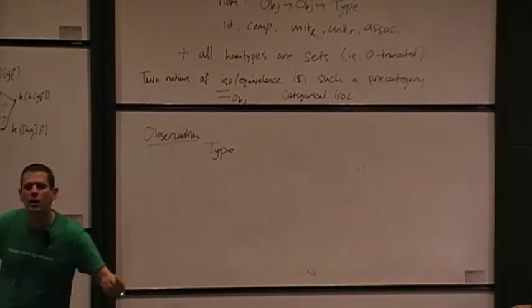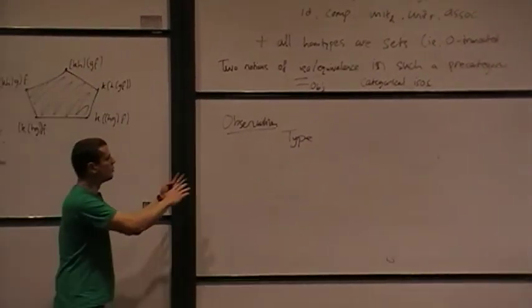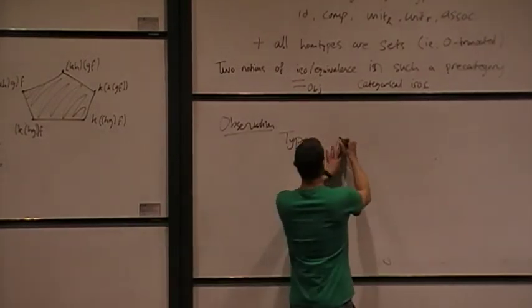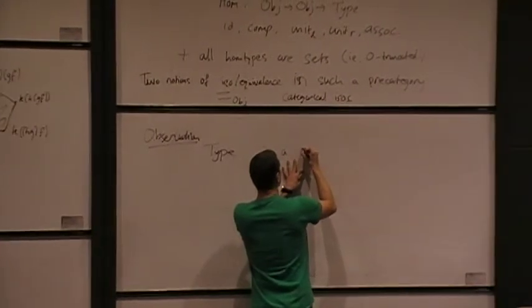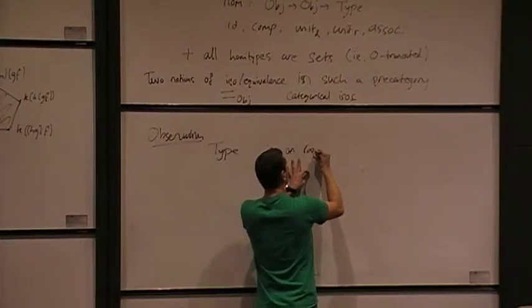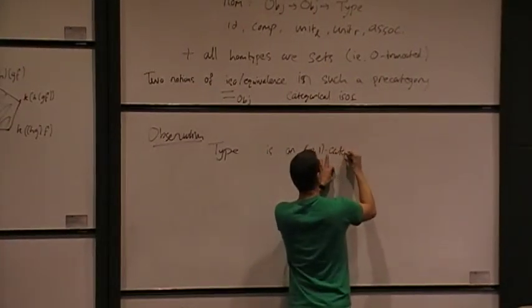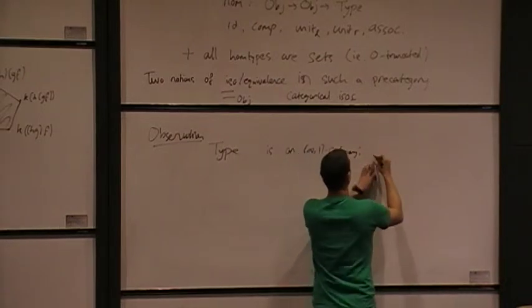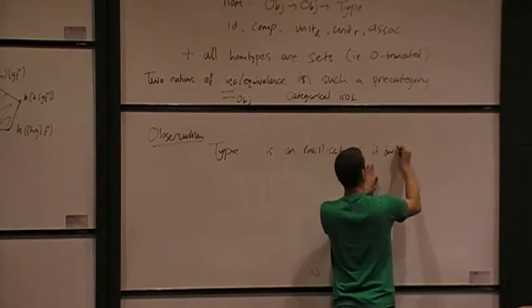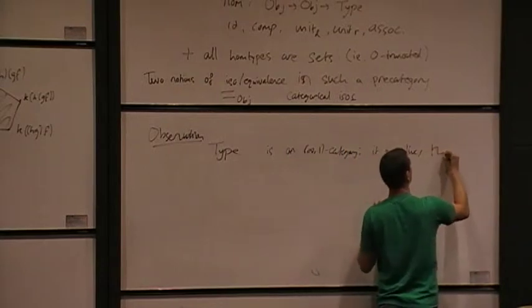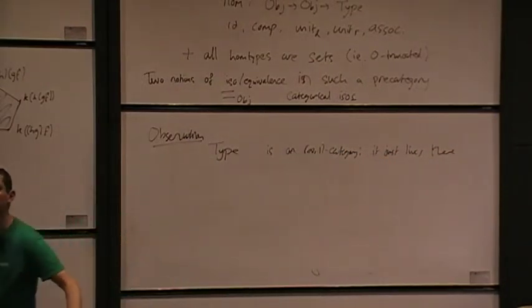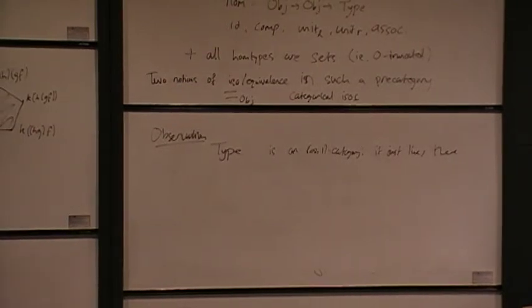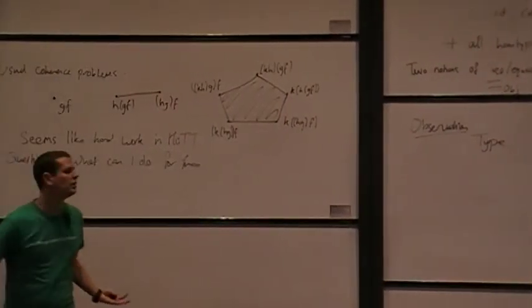You're sitting around, you're doing homotopy type theory, you've got this object of type. So type is an infinity one category, and it just lives there. You don't have to do any work to define it. There's no structure you have to construct. You just notice the structure lying there.